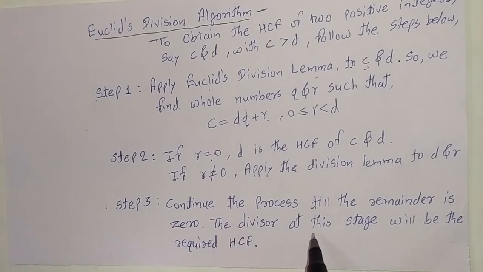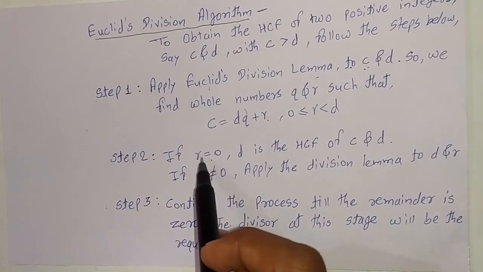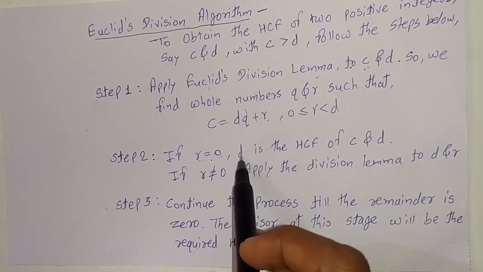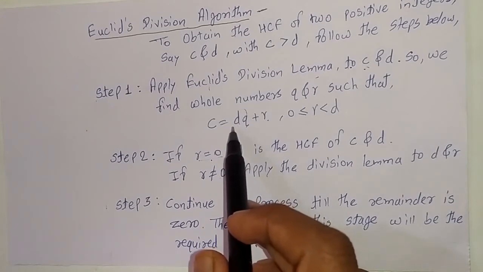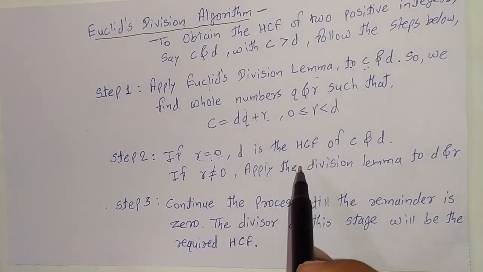The divisor at the stage where R equals 0 will be the required HCF. Once R is 0, you have your answer, the HCF.